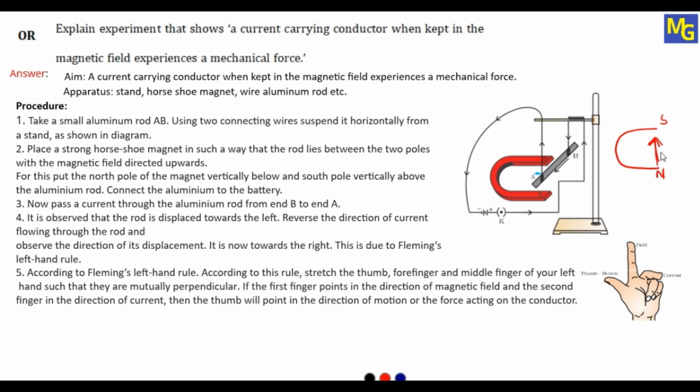And in between these two poles you have to keep your aluminum rod like this. Now put the north pole of the magnet vertically below and the south pole vertically above. So as I told, the north pole is below and the south pole is above.